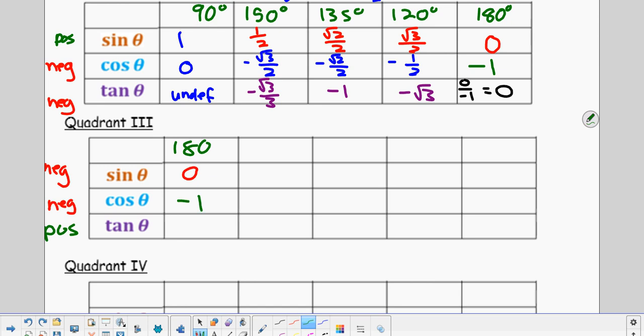Wait, Miss Maloney. Yeah? How come you got root 3 over 3? Because wouldn't you do 1 divided by 2 times 2 over root 3 for 150? Oh, if you do 1 over 2 times negative 2 over root 3, yeah. Why do you have a root 3 on your bottom?